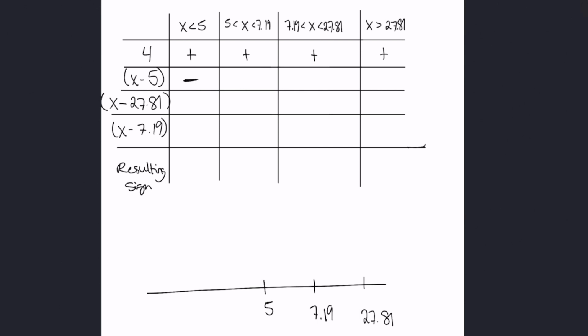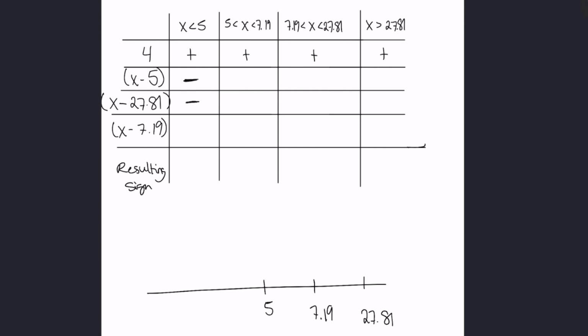And so let's do the same thing continuing down. Let's use 0, for example. 0 is an easy number to use. We should have used 0 from the beginning. 0 is less than 5, so 0 minus 27.81 is going to be negative. So we have a negative sign here.